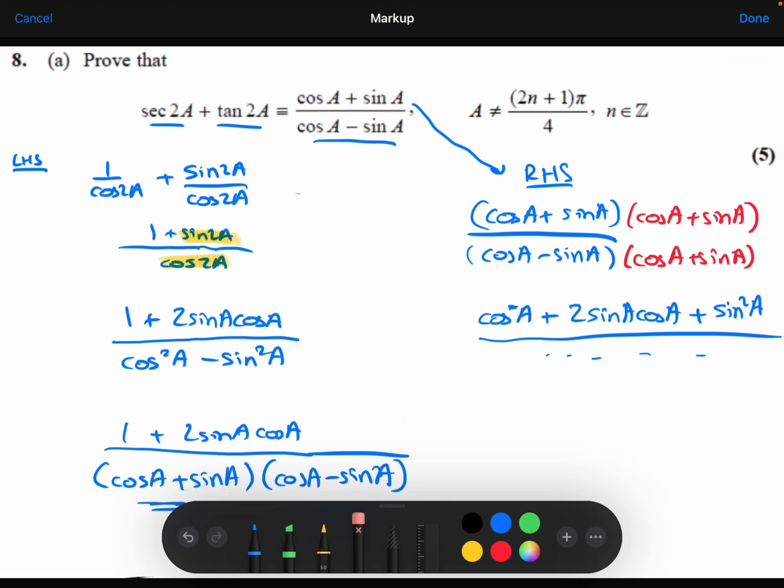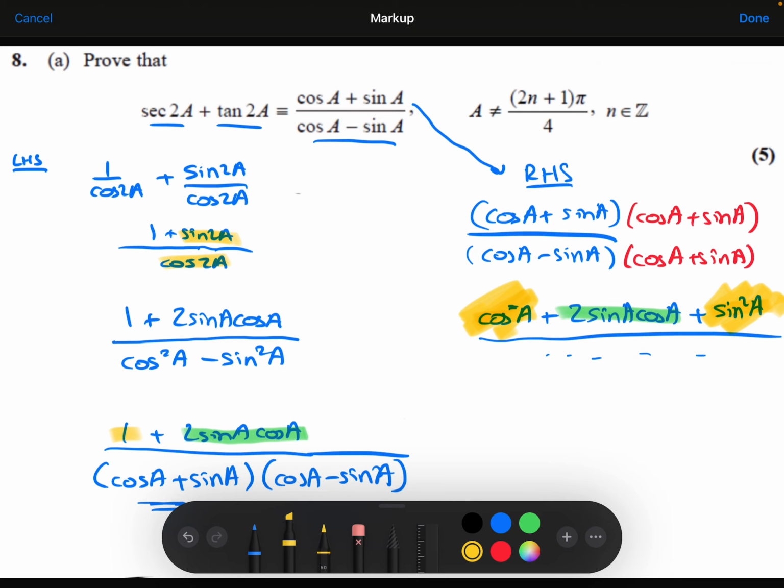Now, let's have a look. I've got a cos squared plus sine squared, and I've got a 2 sine a cos a. Well, I've got 2 sine a cos a here. And I've got a 1, which I know does match up with the cos squared a plus sine squared a.